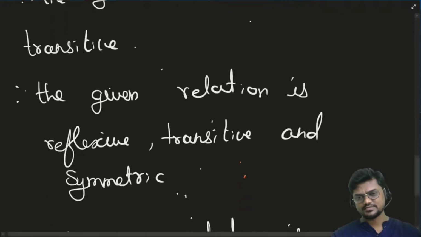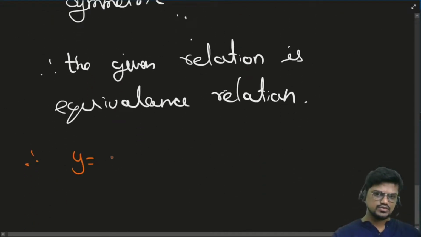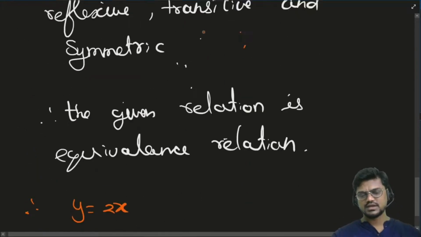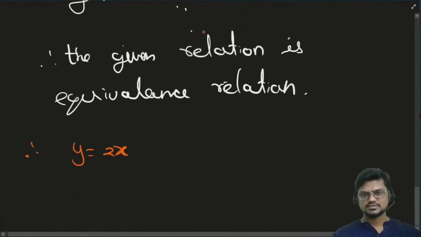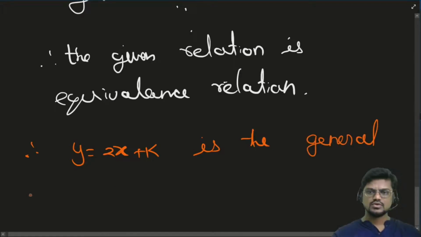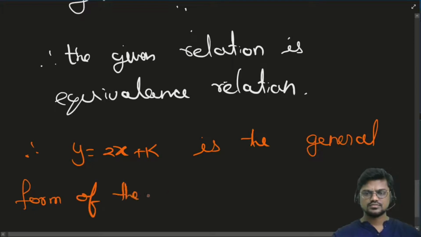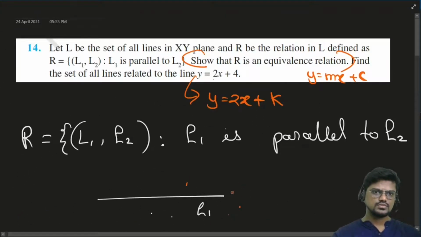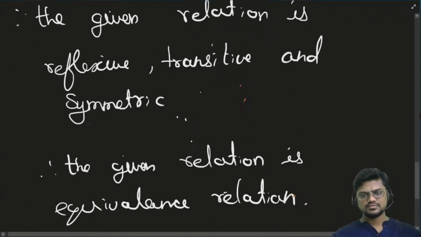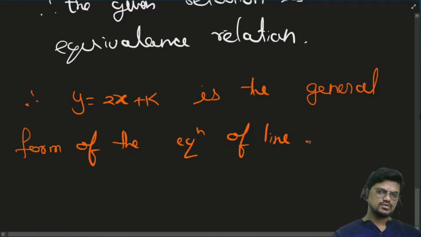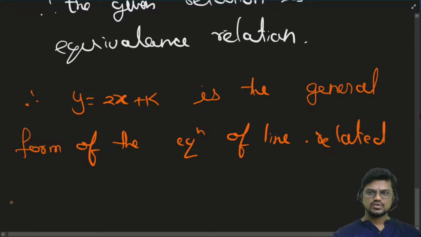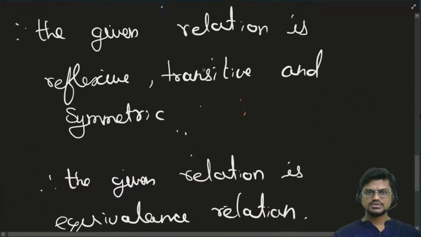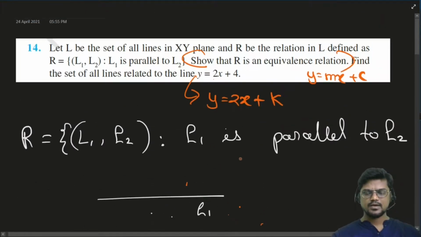Therefore y = 2x + k is the general form of the equation of the line related to the line y = 2x + 4.